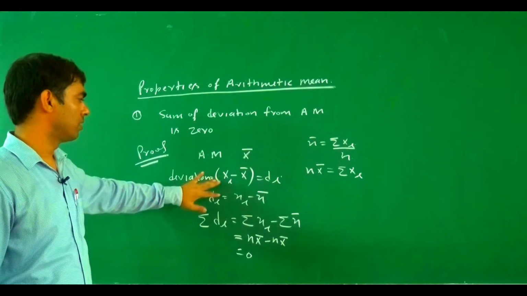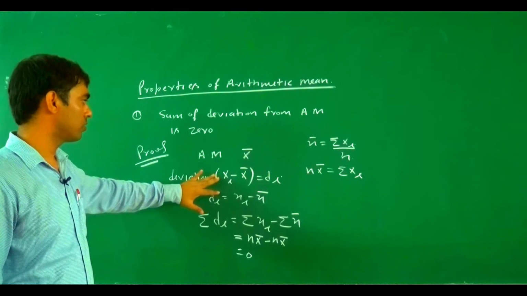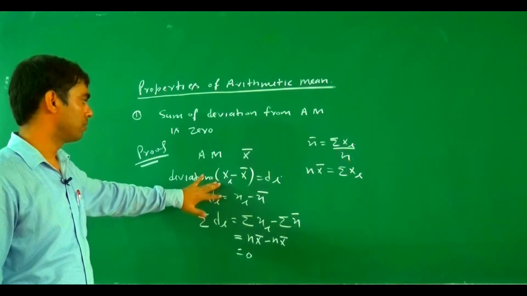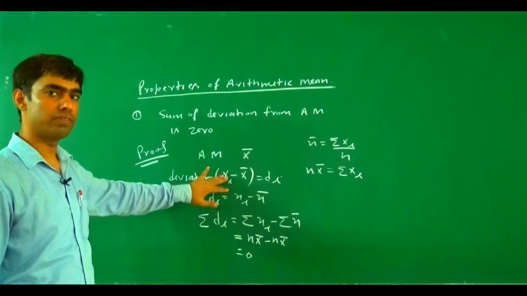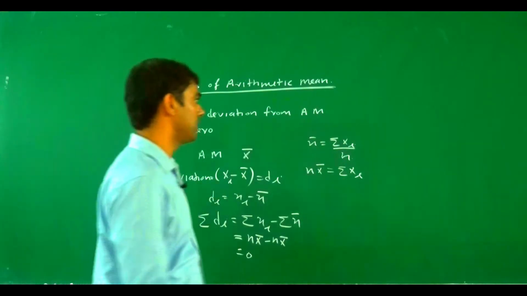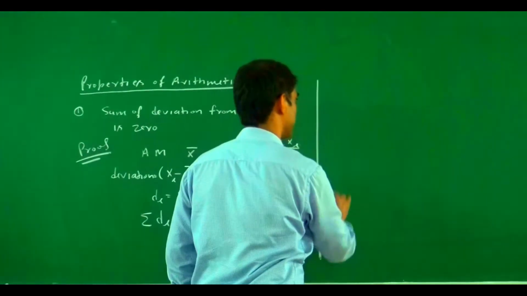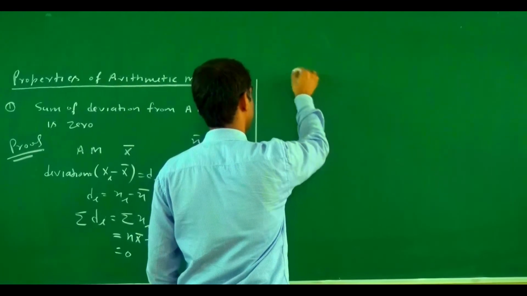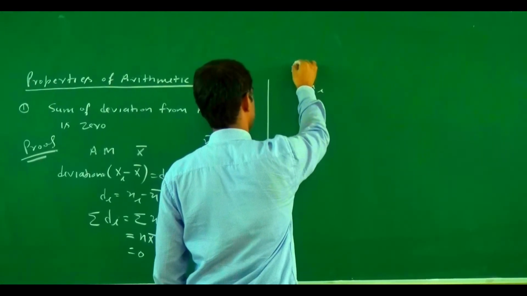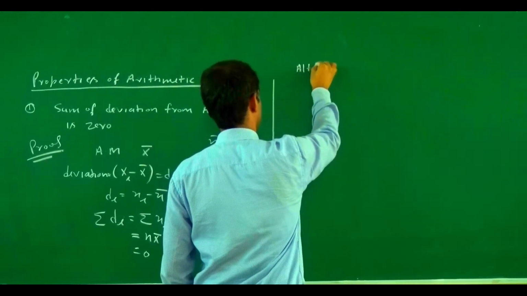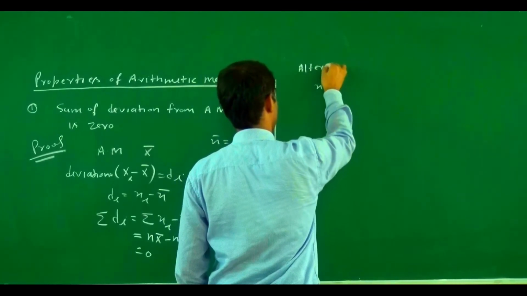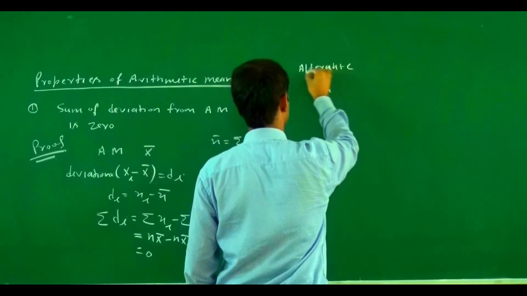You may also prove this one, means if data is given in terms of a frequency. So here, if xi, fi is given, alternate proof here.